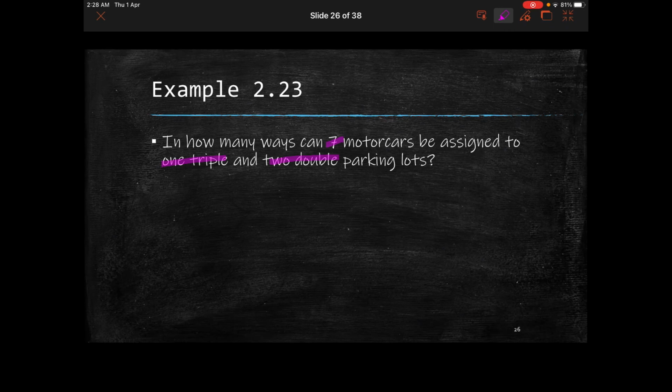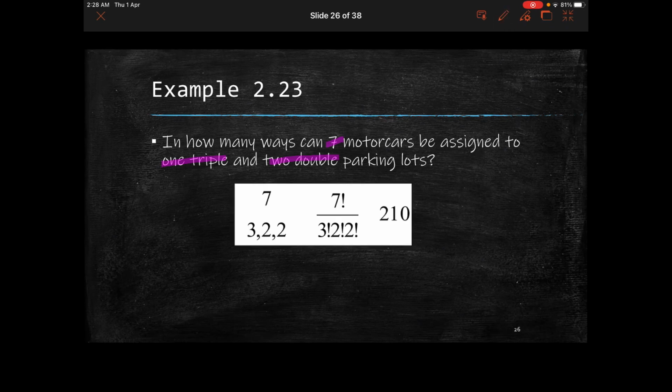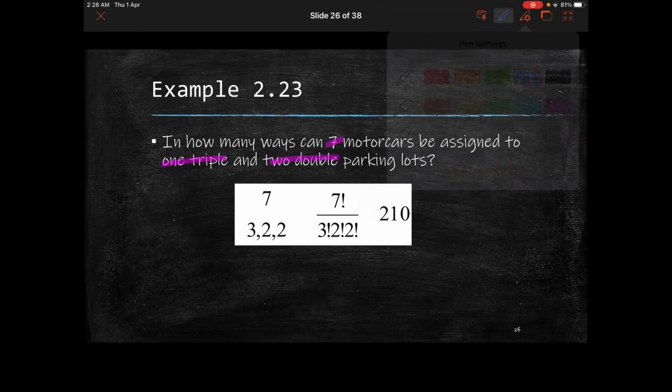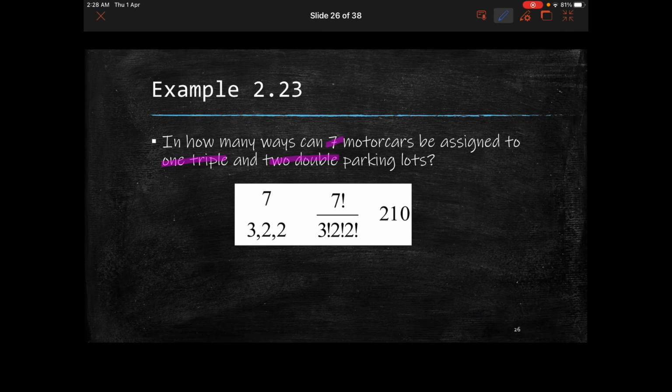Okay, alright, so in this case we have n equals to 7 here, and then we have n1 equals to 3, and then n2 equals to 2, and then we have 2.